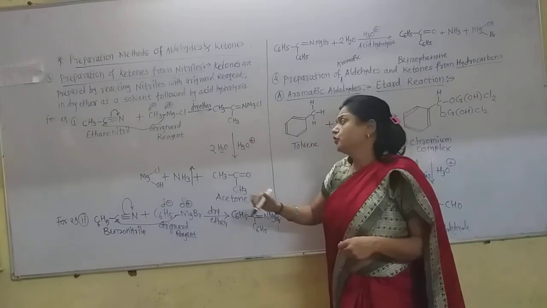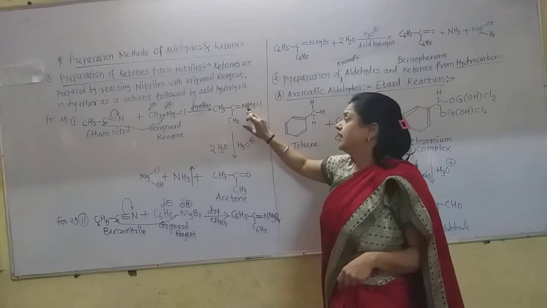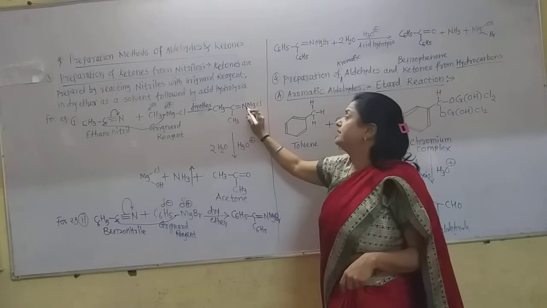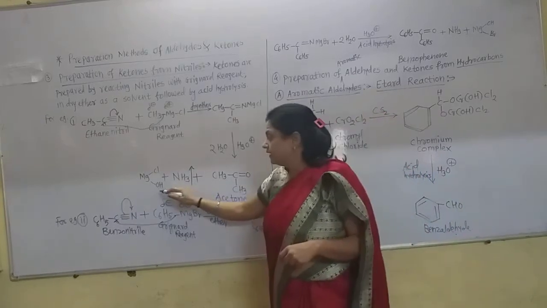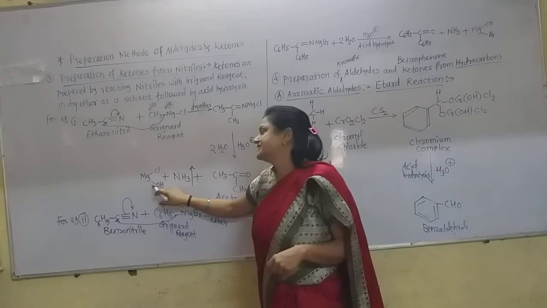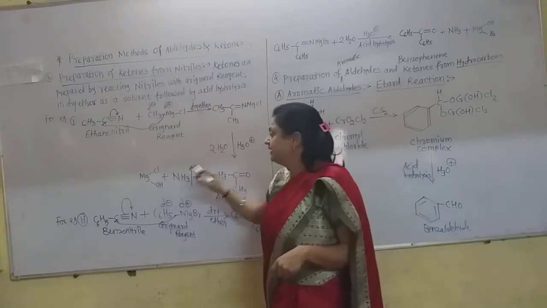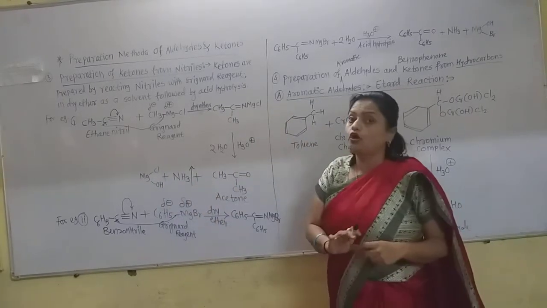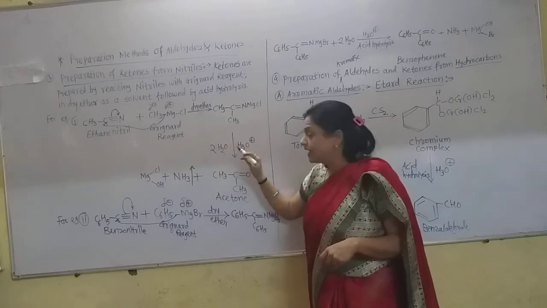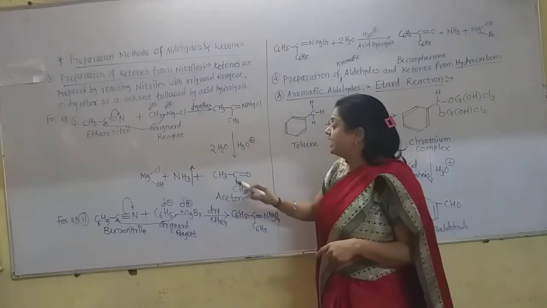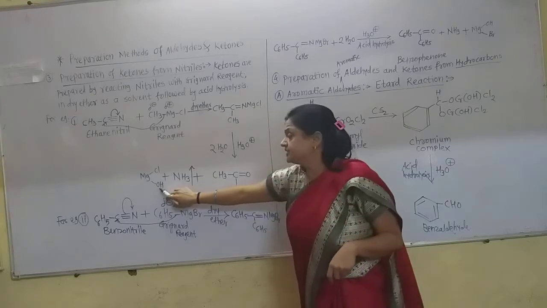Only 1 oxygen atom and 1 hydrogen atom remain from the two water molecules. As nitrogen forms ammonia, at the same time MgCl gets detached, and the remaining oxygen and hydrogen satisfy the second valency of magnesium, because we know that magnesium is divalent, one is chloride already there, and the remaining oxygen and hydrogen attach here. So of the two water molecules, 1 oxygen is added to form acetone, 3 hydrogens react with nitrogen, and 1 oxygen and 1 hydrogen satisfy the other valency of magnesium. This is the byproduct.